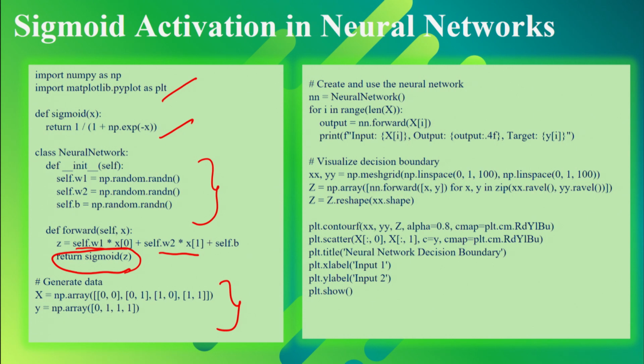We are using the built-in function called the neural network, which just builds the neural network, and here we are printing the input and output values and the target value we have. Here we have taken a meshgrid function, an array, to apply these forward values, and we are reshaping the neural network output.